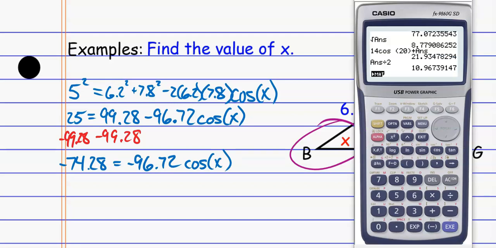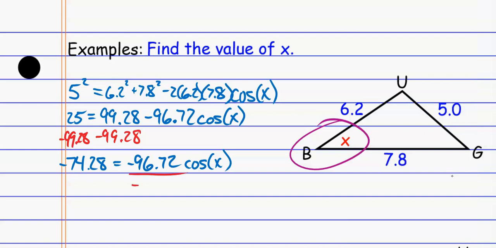I guess I don't need it yet. Let me divide each side by the 96.72. This is where my calculator is going to come into play, but I don't even need to do this yet. I'm just going to leave it like this for a second. Granted, the negatives cancel each other out, equals the cosine of x.